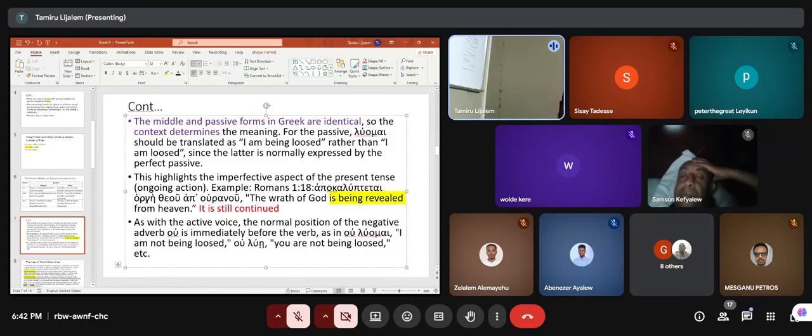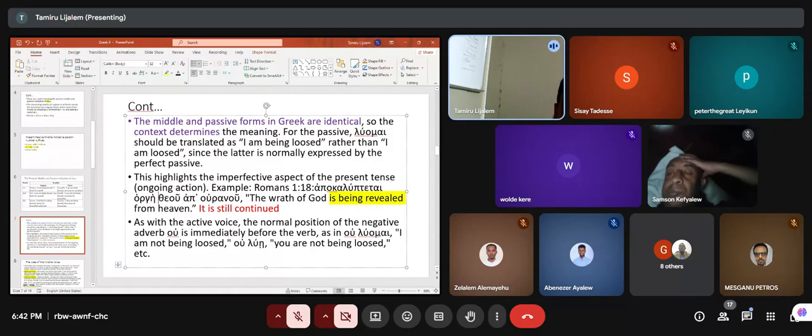In English, a and ha. So this one is pronounced as orge.